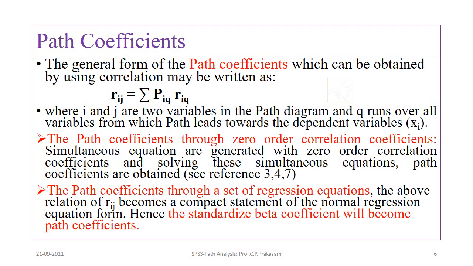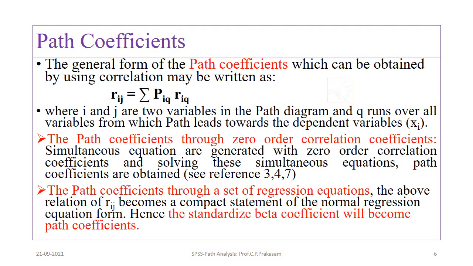As we discussed earlier, the path coefficients can be calculated by using the zero order correlation coefficient as well as the regression equation. In the zero order correlation, simultaneous equations are generated with zero order correlation coefficients, and by solving these simultaneous equations, path coefficients are obtained.